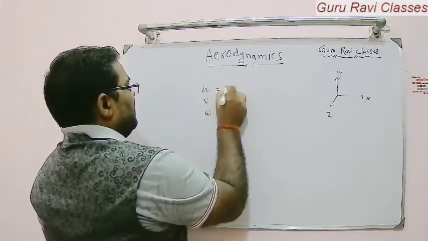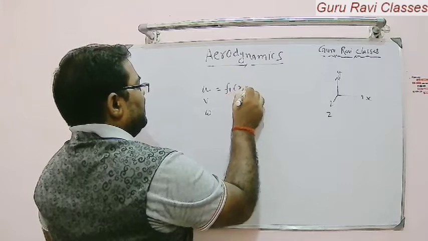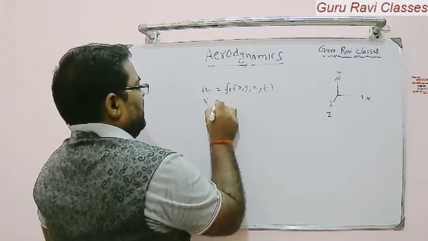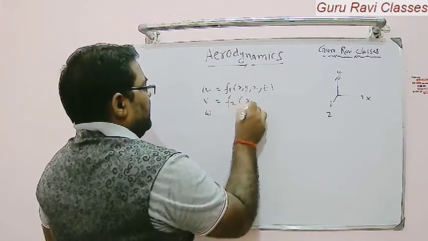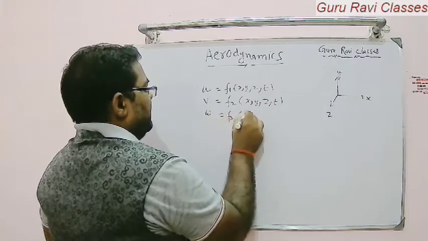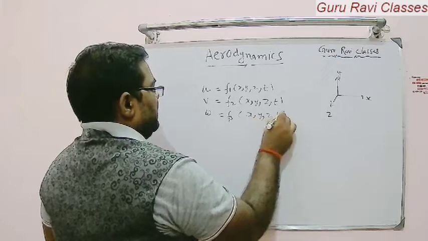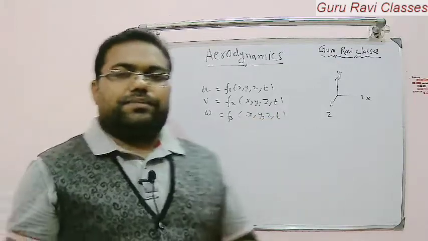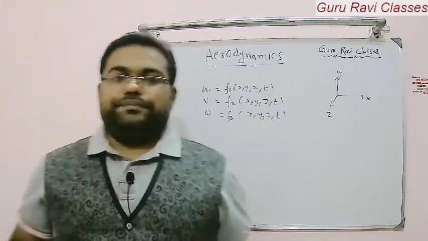So these are basically function 1 of x, y, z and t. Similarly, this is function 2 of x, y, z and t, and this is function 3 of x, y, z and t. So all these are functions of space coordinates and time.